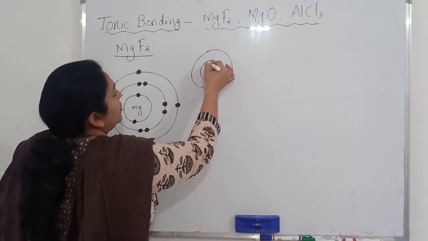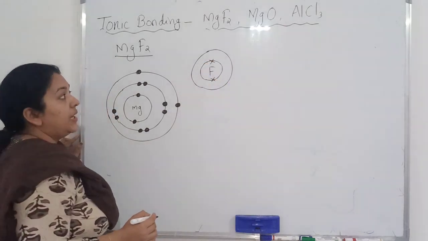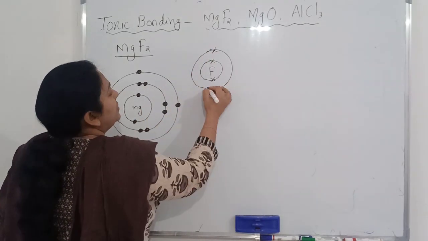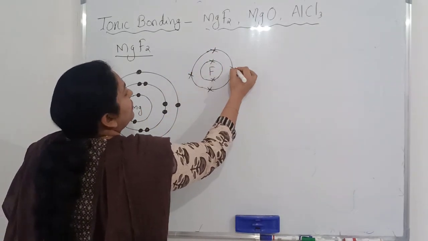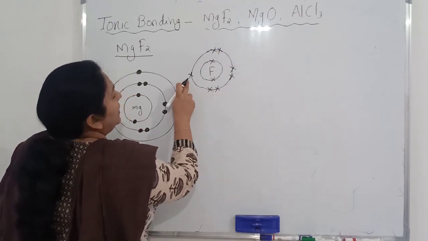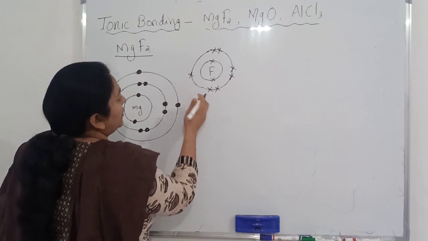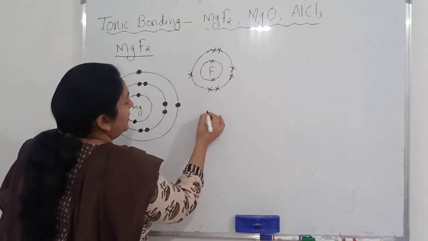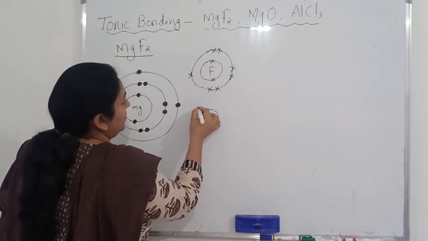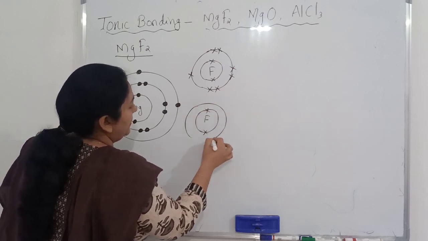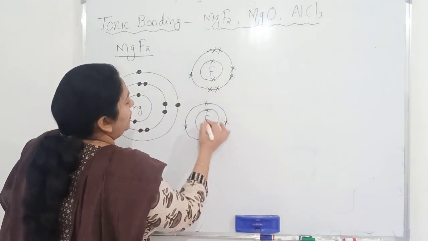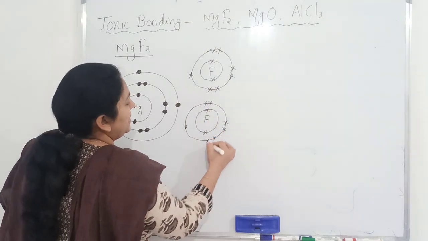First shell, I'll put cross for this one. Okay, electrons are represented by cross. Here 1, 2, 3, 4, then 5, 6, 7. Only here one unpaired electron. One more fluorine. Cross. Okay, second shell, 1, 2, 3, 4, 5, 6 and 7.